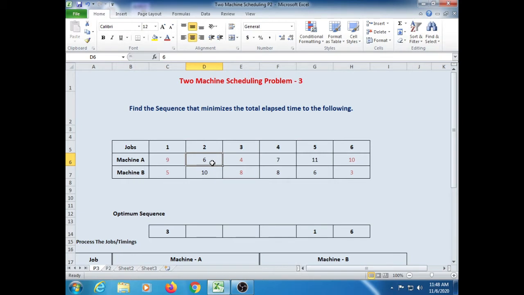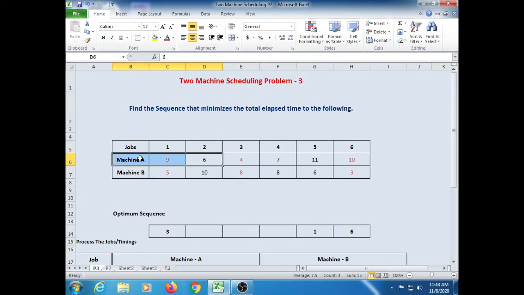Now I am taking this 6 processing time. This is related to machine A and to job 2. So we have to place job 2. Where do we place job 2?